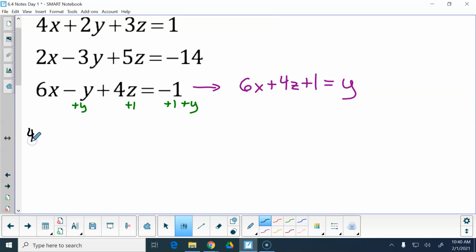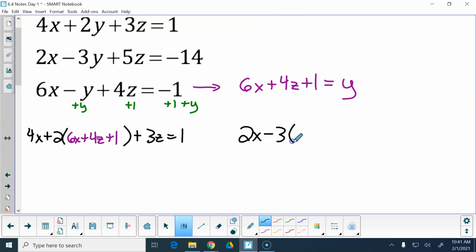So 4x plus 2 times y plus 3z equals 1. And y is 6x plus 4z plus 1. And then at the same time, I got to put it into the other one. I saw a lot of people in the room trying to just plug it back into one equation. You got to put it back into both. Because I need 2 equations with both x and z.